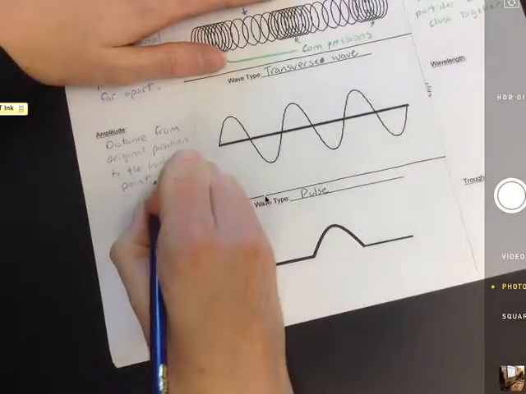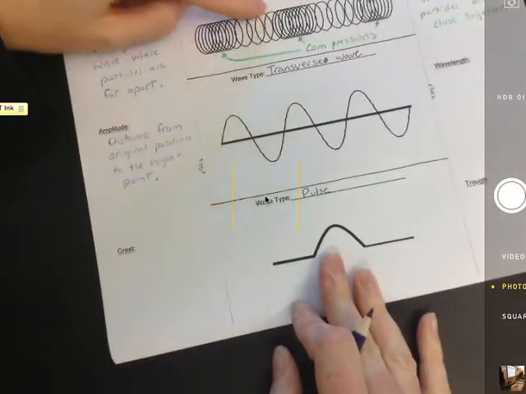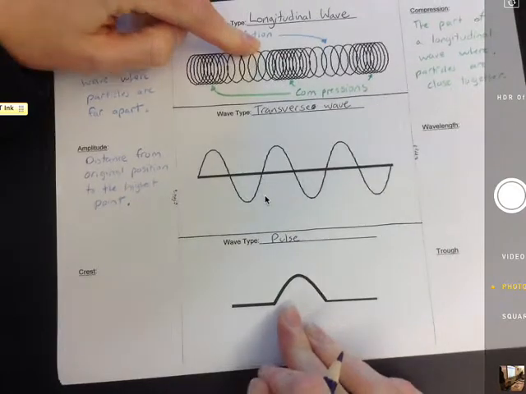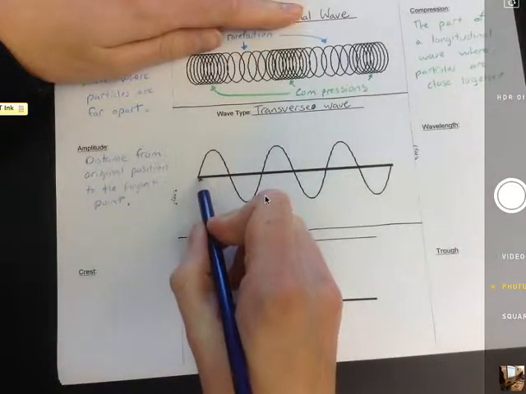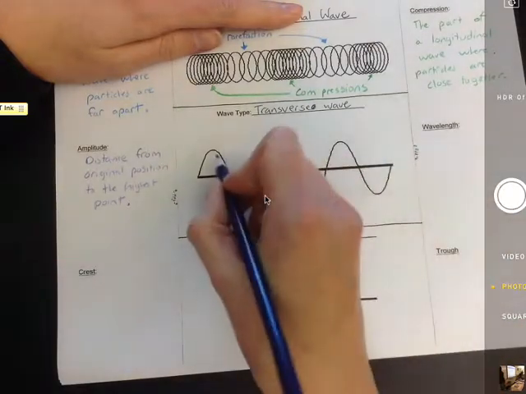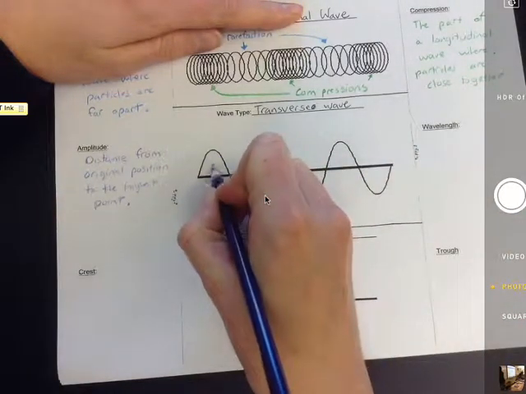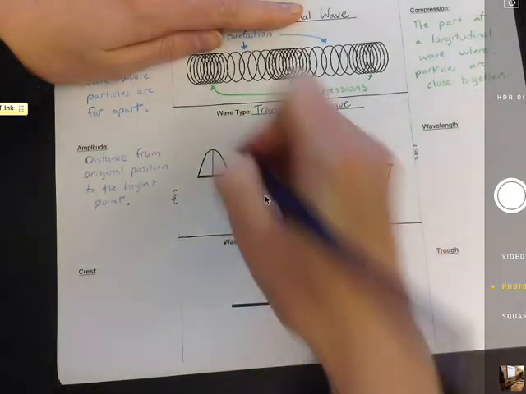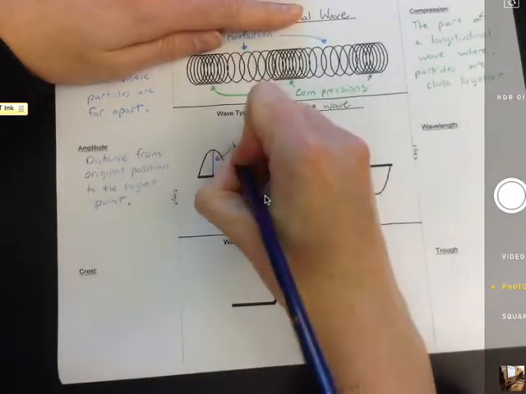We don't measure this on a longitudinal wave because we can't really see where the particles were and where they are. But on a transverse wave, if there were no wave, the string would just be this straight line. So the amplitude goes from that line to the highest part. So that right there is the amplitude.